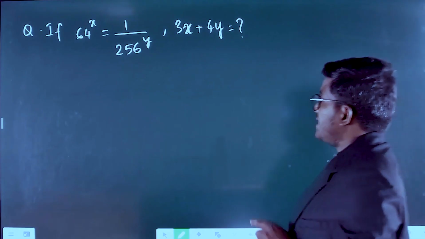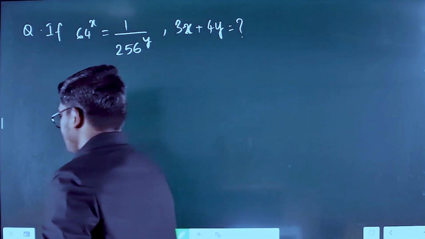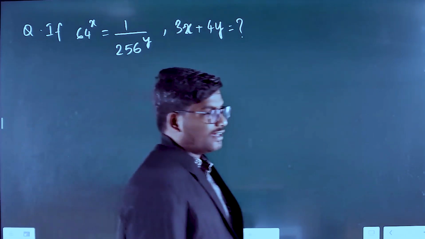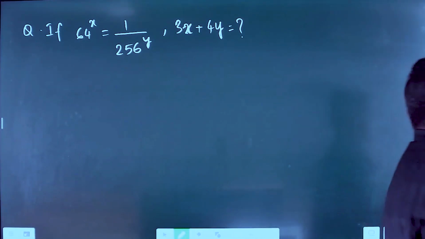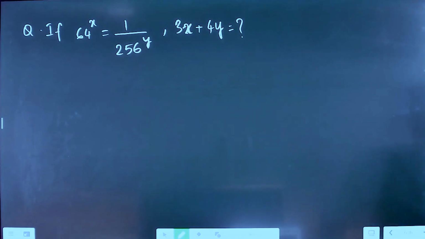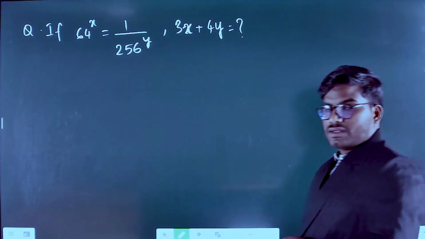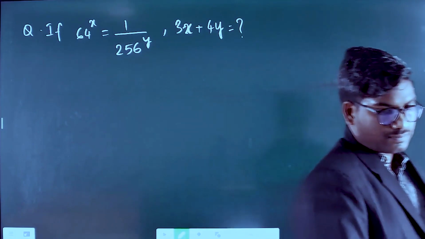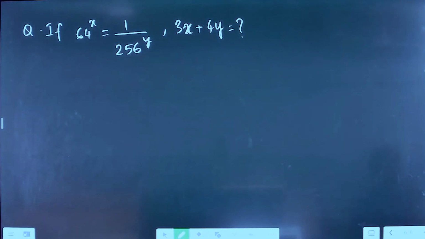If 64 power x is equal to 1 by 256 power y, we are supposed to find the value of 3x plus 4y. How can we do that? It's not 1, Manashwi. Think again.